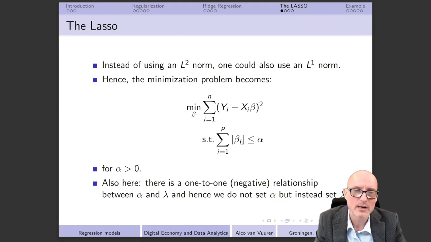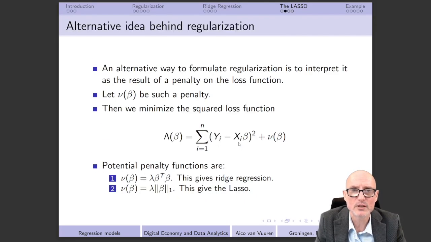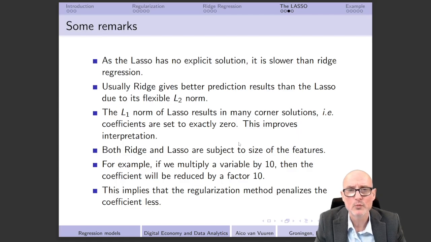And that implies that we can actually see which features we are going to use for the prediction in the end, because all the features that have betas set equal to 0 will not contribute at all to the final prediction. And that helps us a lot with interpretation. So, if interpretation is important, it might be better to use lasso than ridge.